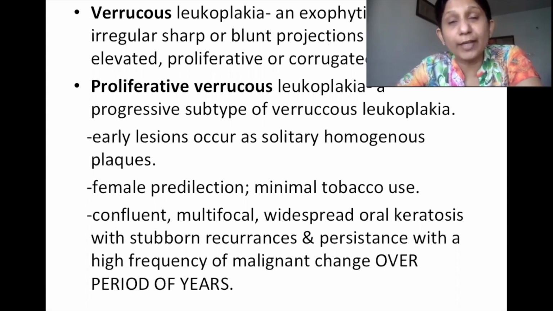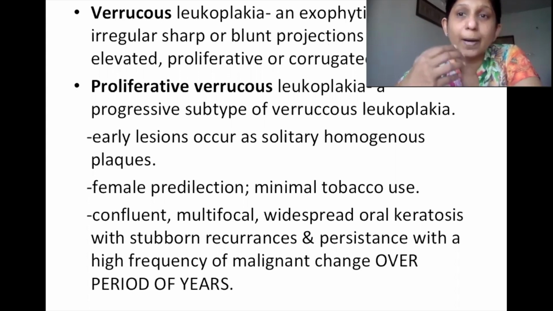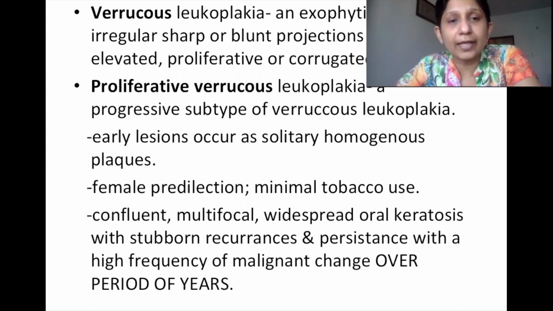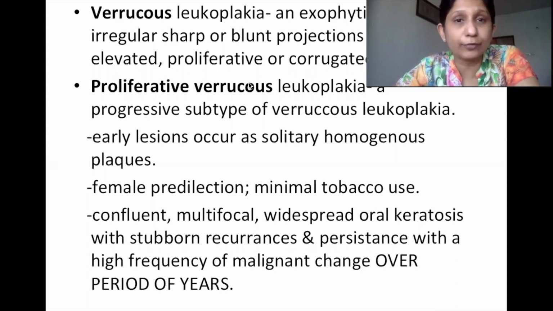It would be an exophytic lesion. When I say exophytic lesion, it means that it rises above the surface, with irregular, sharp or blunt projections, with an elevated, proliferative or corrugated surface. All these words, corrugated, exophytic, verrucous, show papillary, proliferative lesions towards the outer part of the epithelial surface.